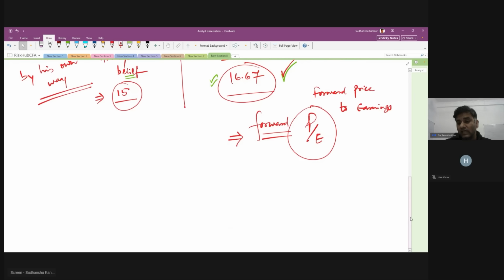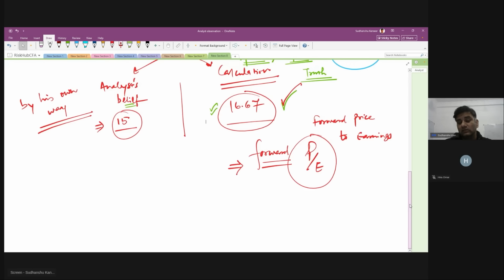Analyst belief is your 15. Now the question is whether it is overvalued or undervalued. How do I decide? The fundamental inputs into the equation imply a forward price to earnings of 16.67 rather than 15.